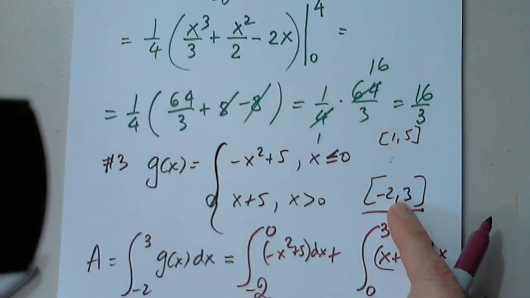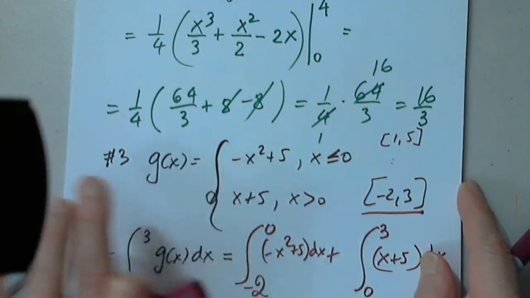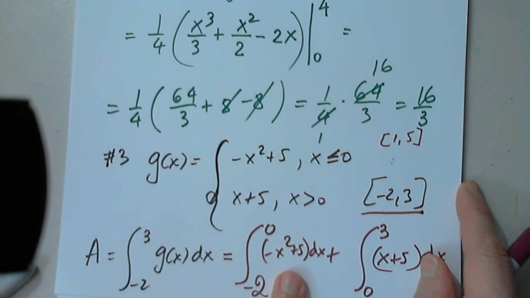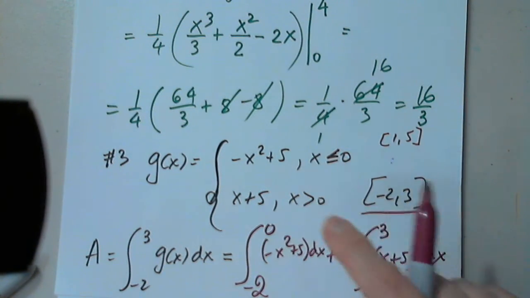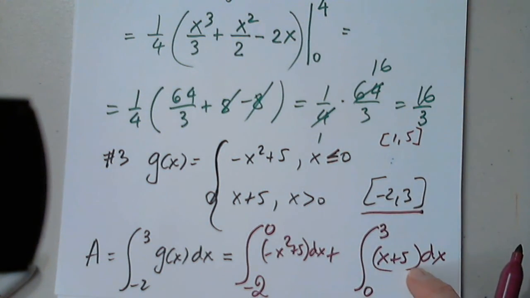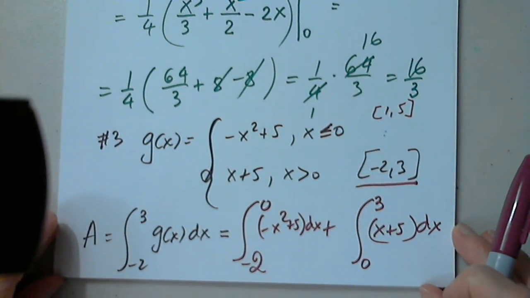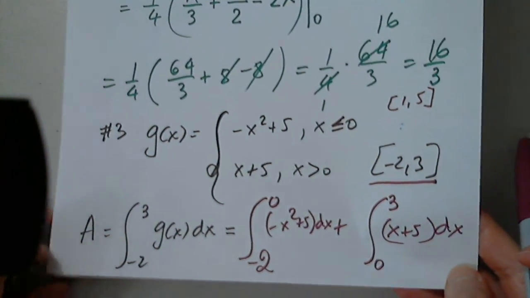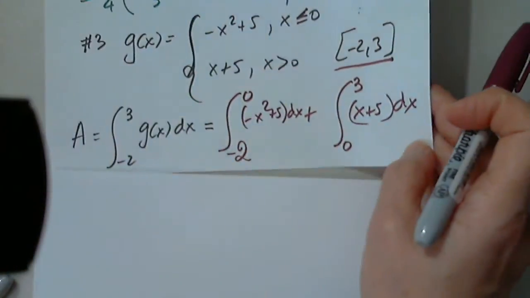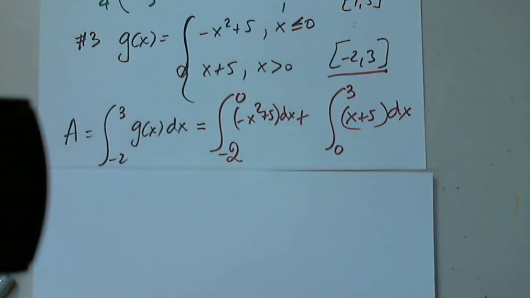So to the left of 0, from negative 2 to 0, I have to use this function. But from 0 to 3, I have to use this function. Does it make sense? Is it clear or not? Yeah, that makes sense. Better, everyone? So once we understood that, the rest is easy.